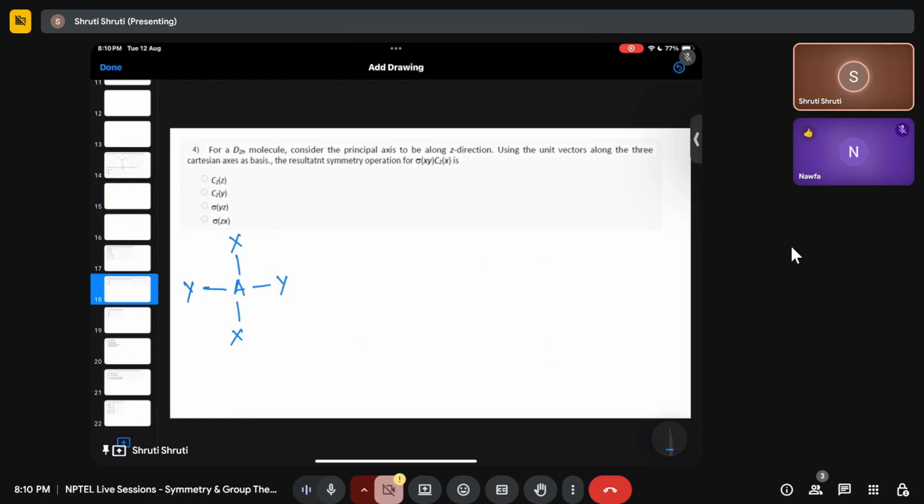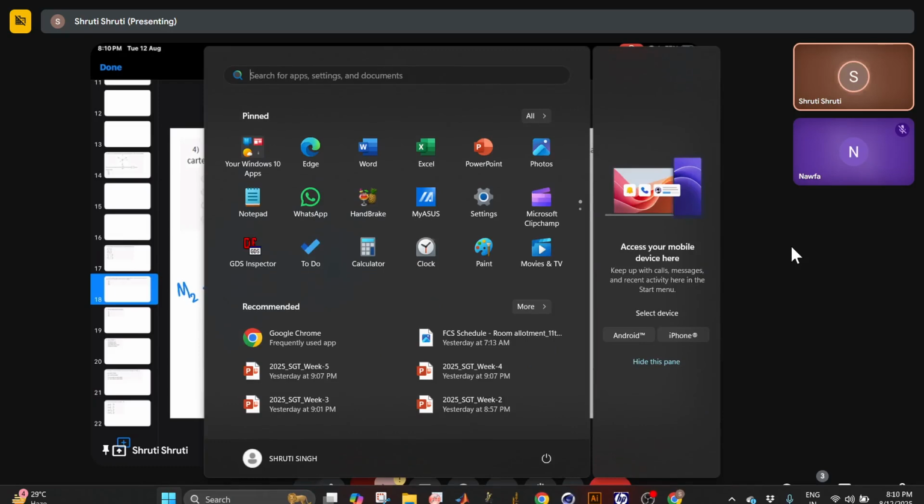Okay. Consider the principal axis along the z direction. So the top direction is z. Okay, let us give this a different name. Suppose I write m1, m2, n1, n2. Okay, and this is x, this is y, and the top direction is z.